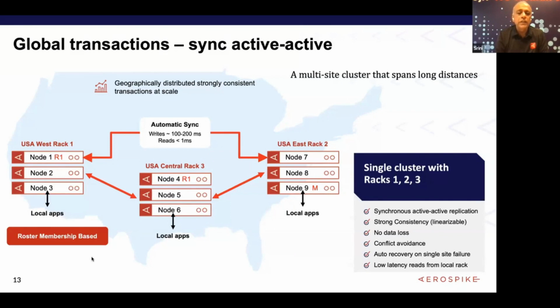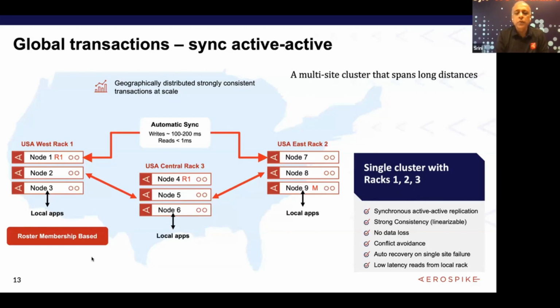So your apps can always get reads of less than 1 millisecond in steady state. And a write, because of the way I described it earlier, is going to write to all 3 copies. It's going to take somewhere between 100 to 200 milliseconds, depending on the various networking delays, speed of light considerations, and so on. The end result of all this is a completely active system.